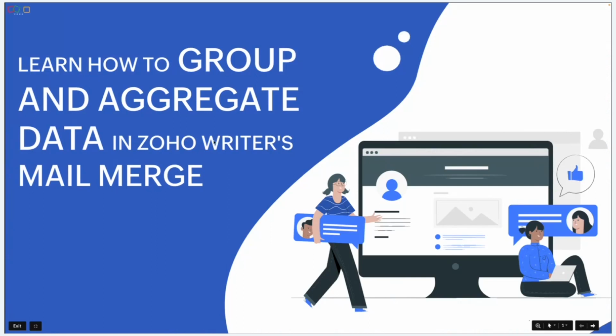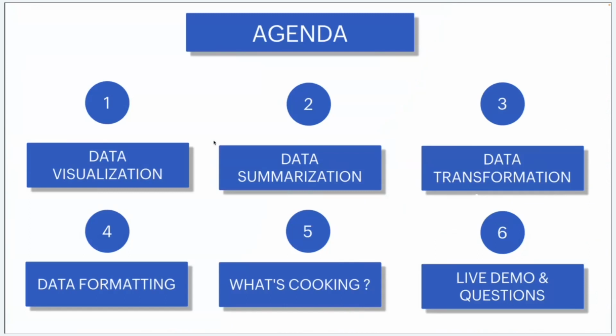So let's get into the topic of today: how to group and aggregate data, which is available in Zoho Writer when you're doing a mail merge. As you can see, this is the agenda for today. First, we will see how to visualize data using our new group by feature. Then we will see how to summarize the data that you have using the aggregate function that we also recently released. Further, we will check out the options to transform data to perform various operations.